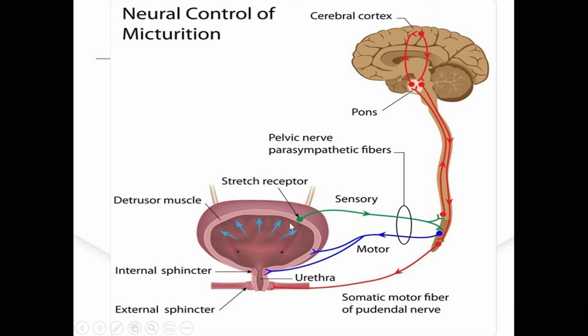So it also makes the detrusor muscle contract or relax, the stretch receptors to be stretched due to the filling of the bladder, and also the working of the internal and external sphincter and urethra is controlled by these receptors, and also by the somatic motor fiber of the pudendal nerve.